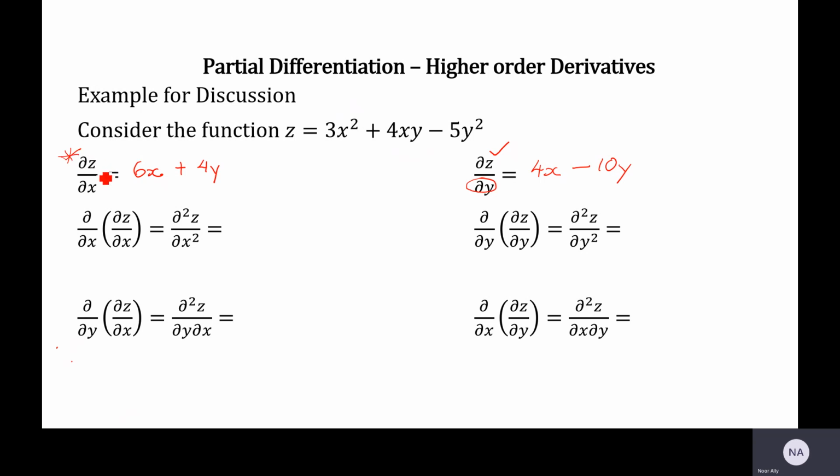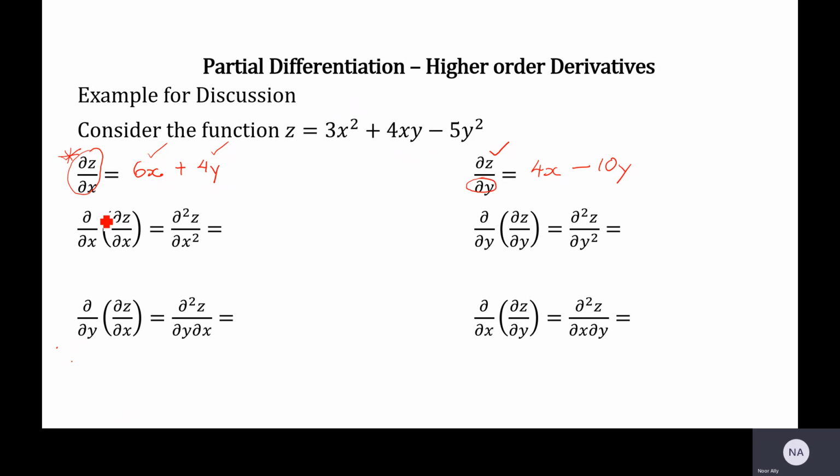The answer for partial dz dx is 6x plus 4y, which means I can differentiate that first order partial derivative either with respect to x or with respect to y. So let's choose the first one. In other words, let's differentiate this partial derivative of z with respect to x, with respect to x again, in other words, the second order.